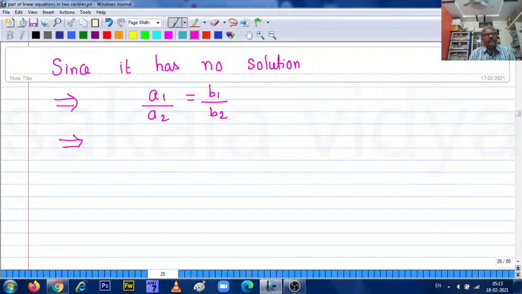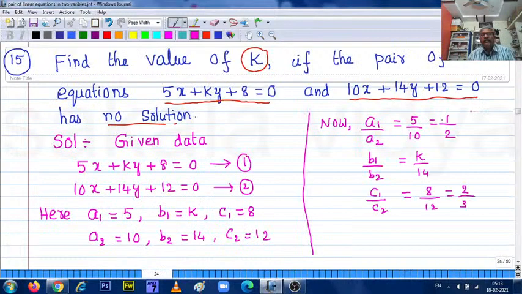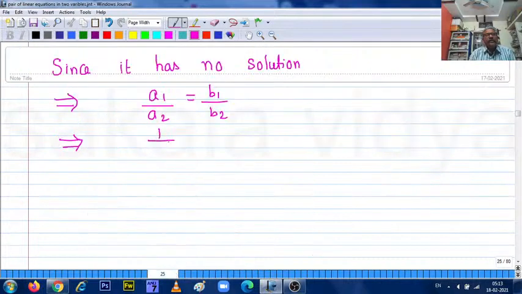So substituting respective values, a1 by a2 is equal to 1 upon 2, b1 by b2 is equal to k upon 14. So 1 upon 2 equals to k upon 14.